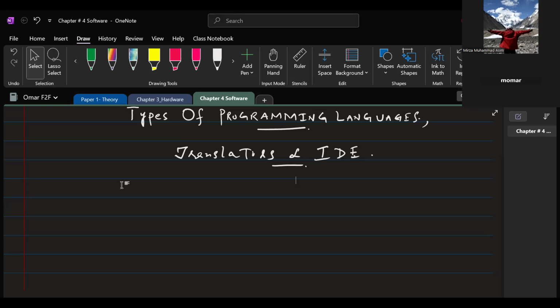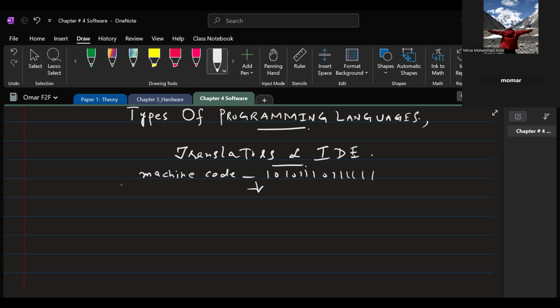So they started thinking to develop different types of languages. For example, they developed this language, we call it assembly language. Machine language, or machine code, comprises zeros and ones, right?